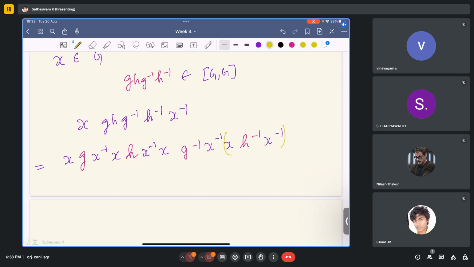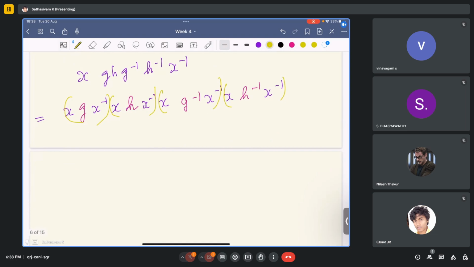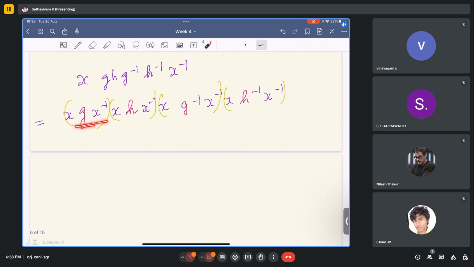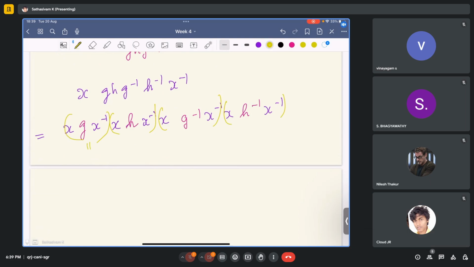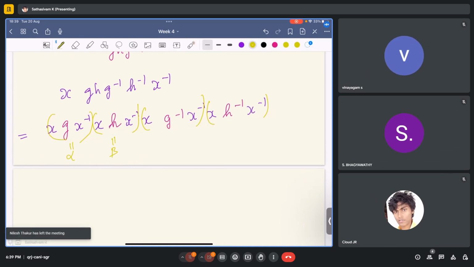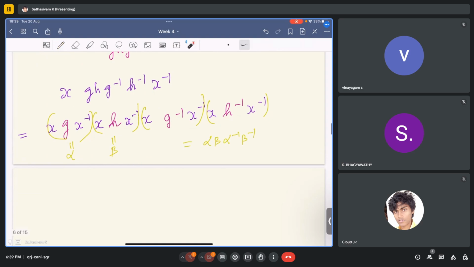So now combine these things. You can see this is nothing but some element. Let's say you call this alpha, you call this beta, and you can observe this whole term is nothing but alpha beta alpha inverse beta inverse. What is the inverse of this?